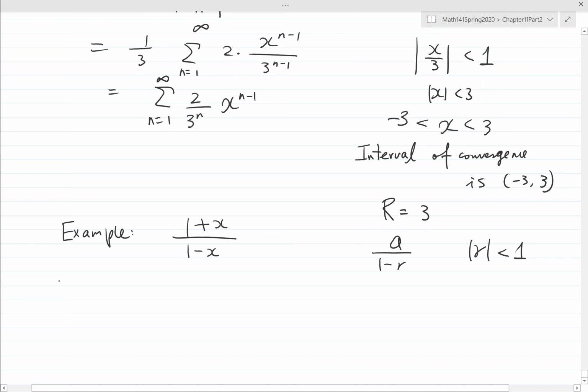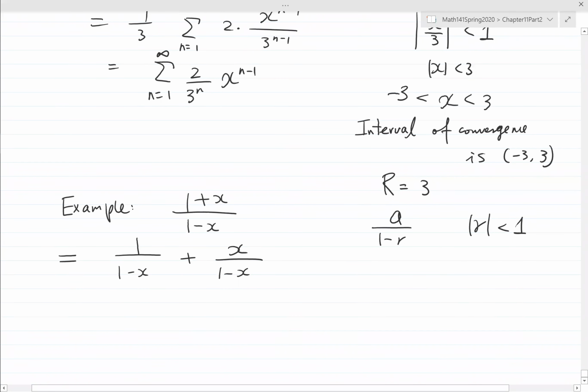We can write this as 1 over 1 minus x plus x over 1 minus x, splitting the terms. The first one is a geometric series with common ratio x. The first term is 1, so it's 1 times x to the power n minus 1, n from 1 to infinity.